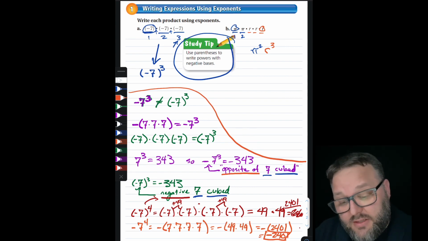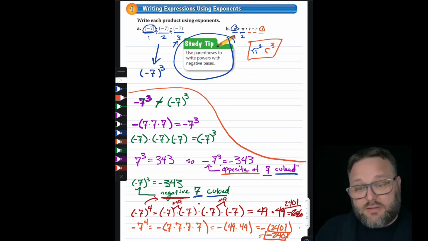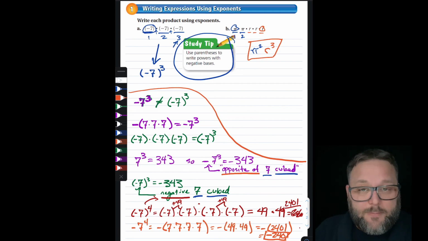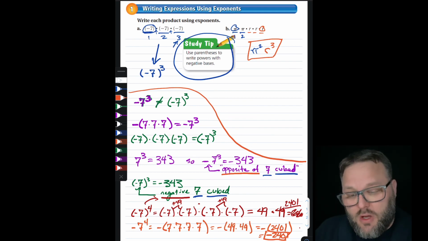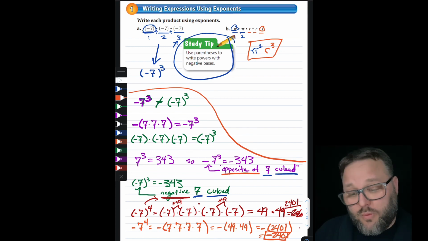And our answer is pi squared r cubed. We could say pi squared times r cubed. We could say pi to the second times r to the third. There's multiple ways we can actually say this, but written, it's always the same. Pi with an exponent of 2, r with an exponent of 3. We don't need parentheses. We don't need a dot.